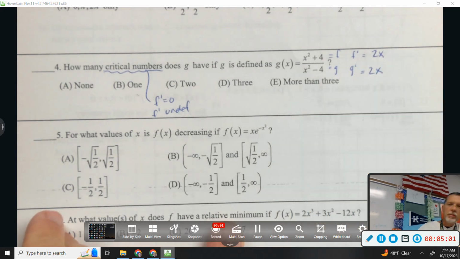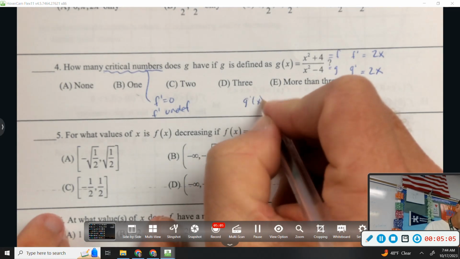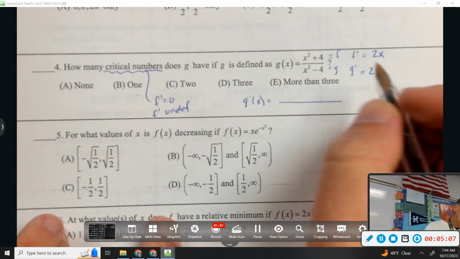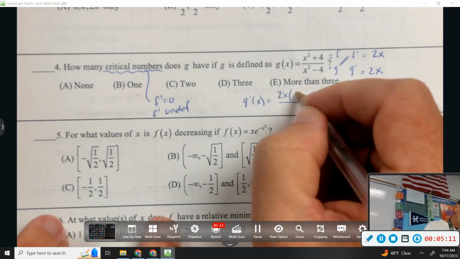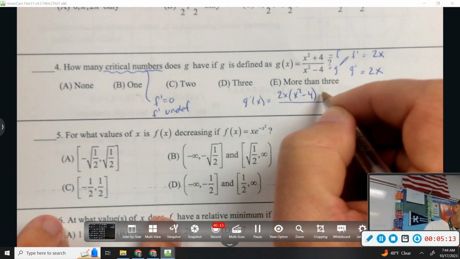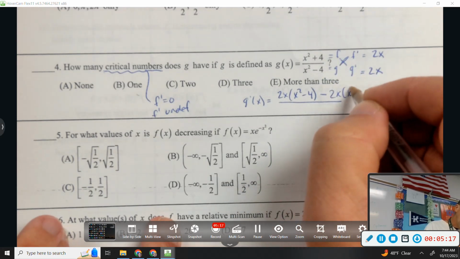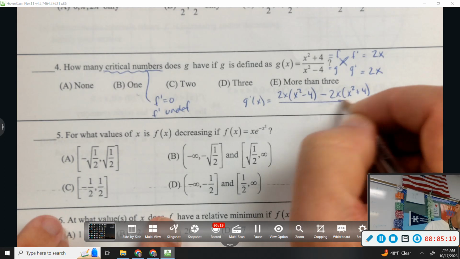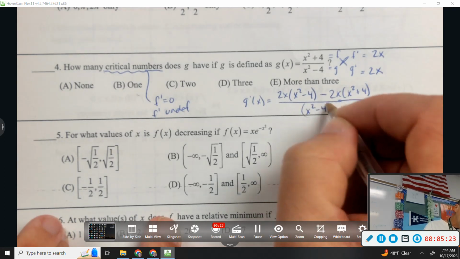Derivative of the bottom is 2x. Quotient rule is g f prime minus f g prime, over the bottom squared.